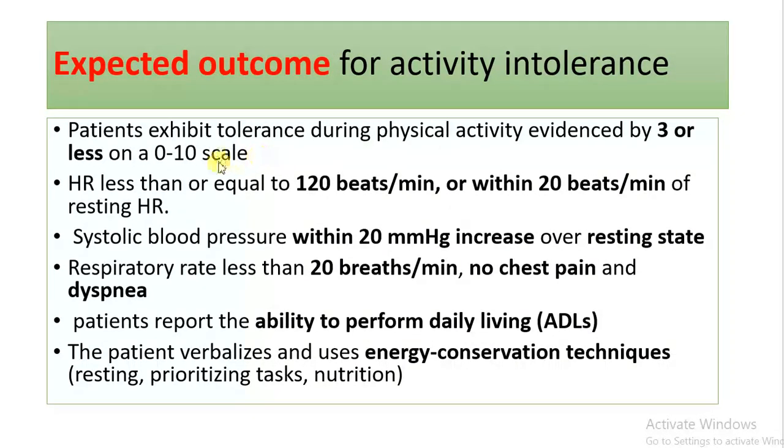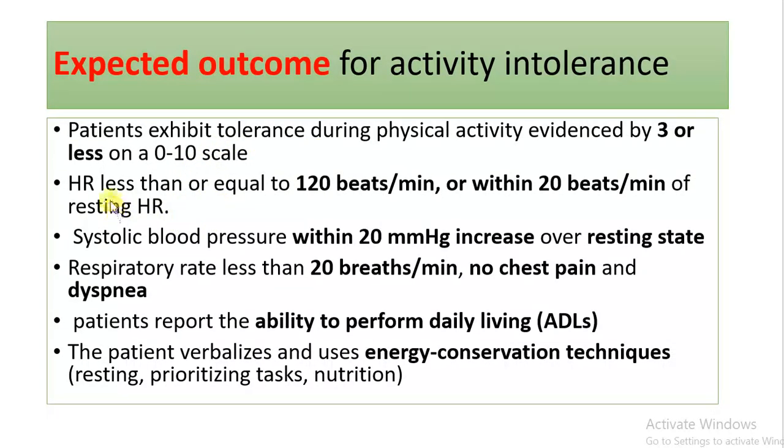It takes a 0 to 10 rating. 3 or less is appropriate physical activity, and one of the main outcomes can be a number of 3 or less on the 0 to 10 Borg scale.